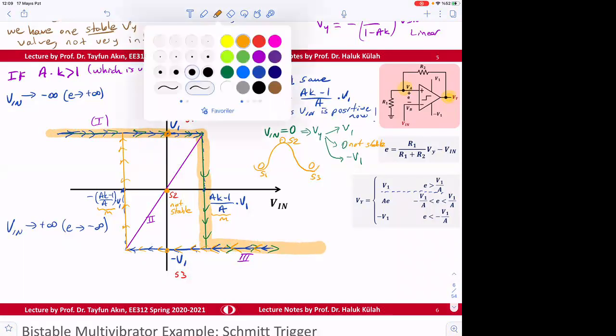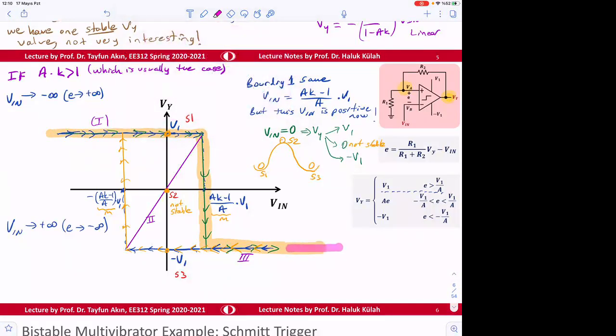On the way back, however, if the signal is coming from here, it will be going and then switching and going like this, okay? So we will be using this to our advantage to make bistable circuits. So that's the bottom line here. Bistable circuits, how we can obtain them and use them to our advantage.